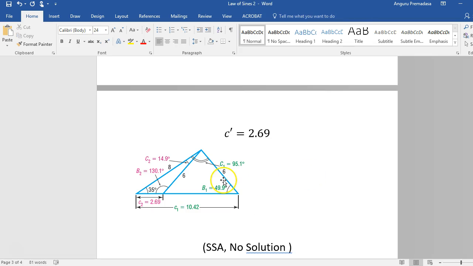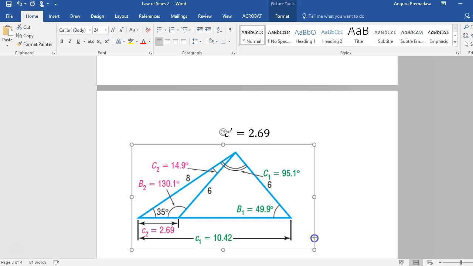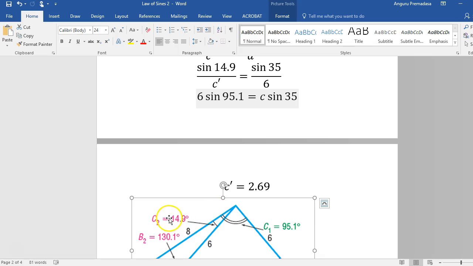Now this is a nice diagram which shows the two triangles. The notations are somewhat different, but you can think of the C as the gamma, so this is gamma 2, the 49.9.